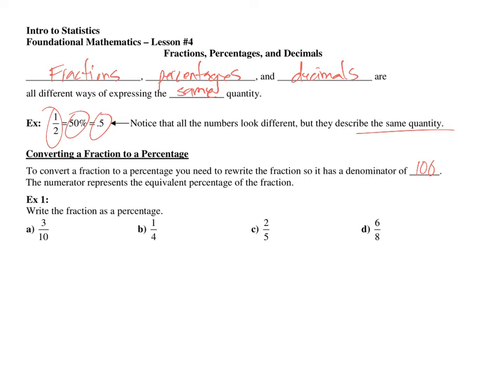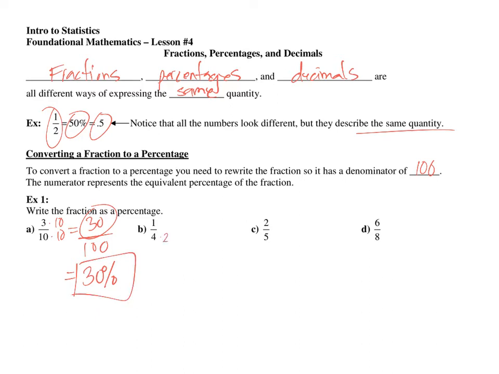Part A. 10 times what gives you 100? Well, just multiply it by 10. Whatever you do to the bottom, you have to do to the top. 30 over 100. So the number on the top represents your equivalent percentage, 30%. Next one. 4 times what is 100?